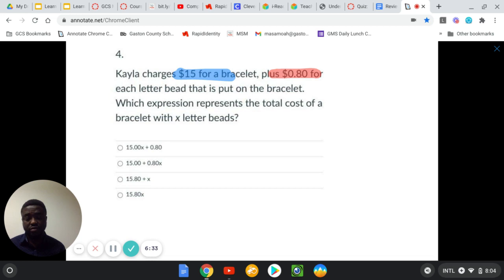Since we don't know the number, the expression is $15 plus 0.80 times x, where x is the number of letters written on the bracelet. So I think that would go for that.